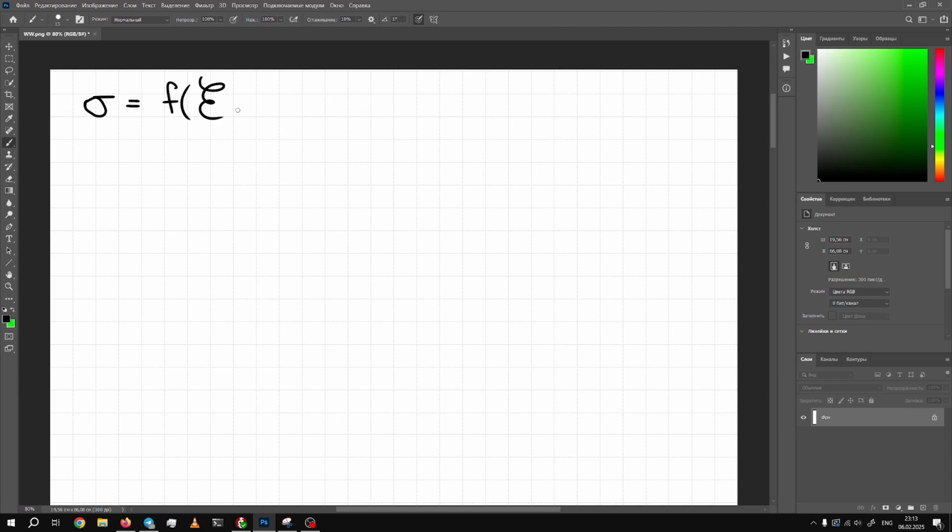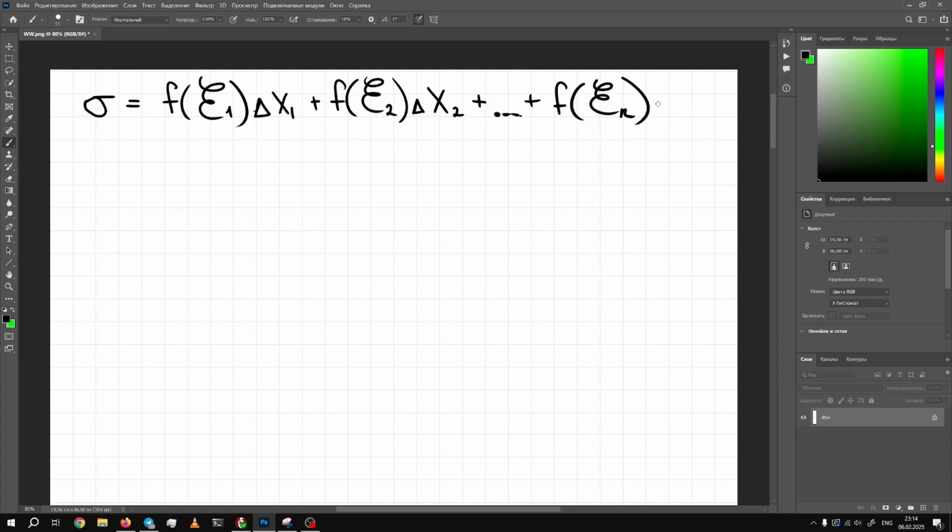So it's f of e1 multiplied by delta x1 plus f of e2 multiplied by delta x2 and so on until f of en delta xn.